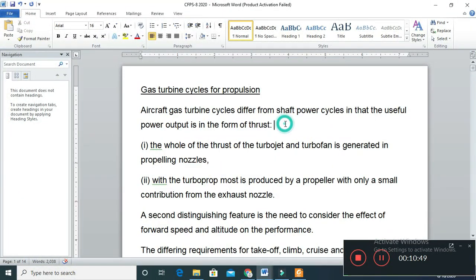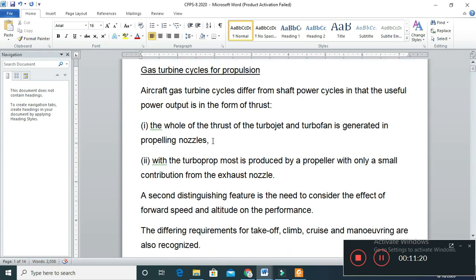The cycles which were previously discussed are for the general case, usually considered for the stationary power cycles. The gas turbine cycles for propulsion applications slightly differ. The reason is that the useful power is in the form of thrust rather than the shaft power. The thrust is generated using the propelling nozzles in case of turbojet and turbofan engine.